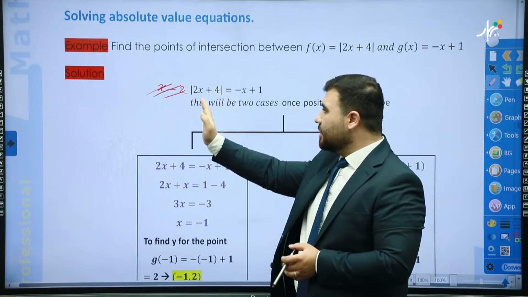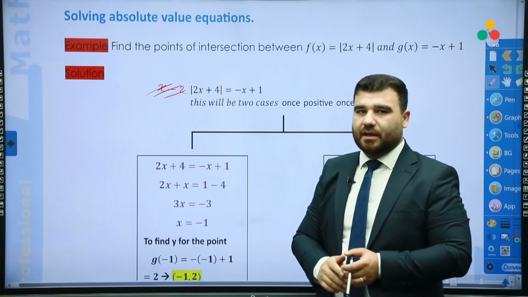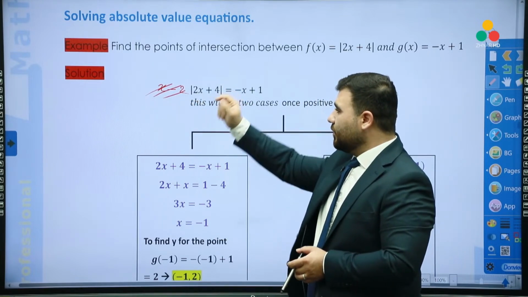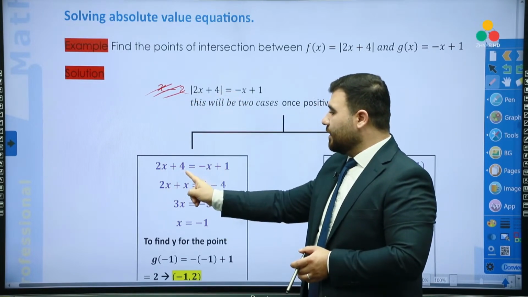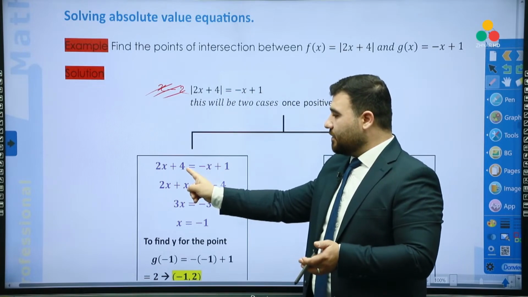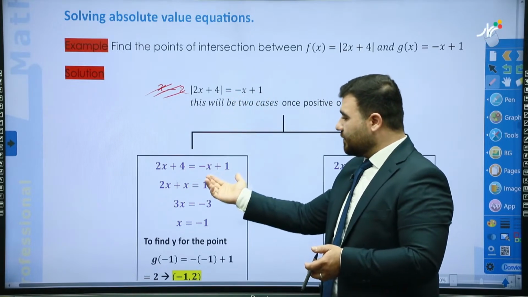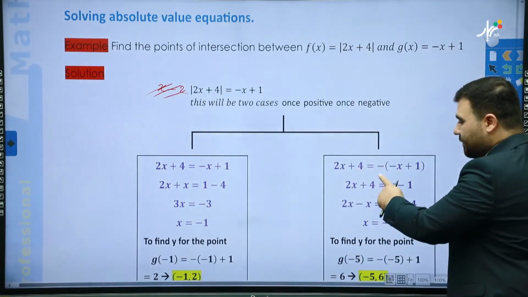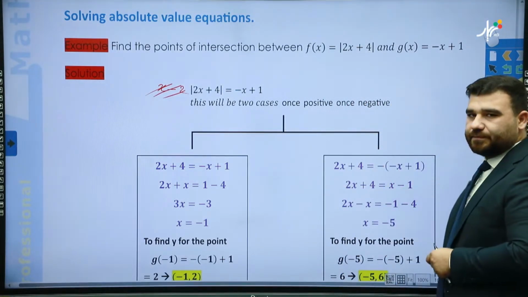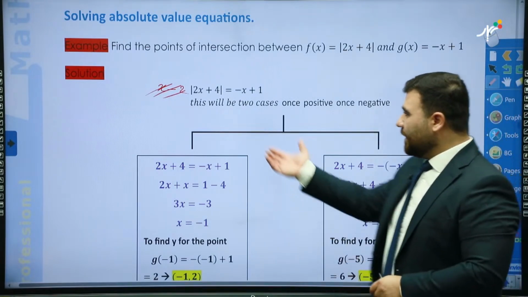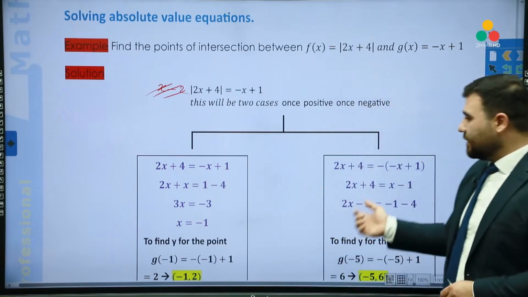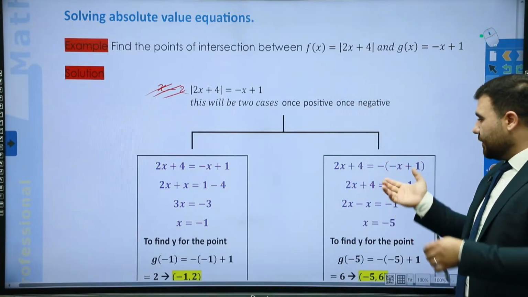When I have this, then I'll follow the two cases. The absolute value sign will go: x plus 4 is either equal to -x plus 1 or it's equal to the negative of (-x plus 1). These are the two cases. One case is the function as it is. The other case is negative bracket the function.